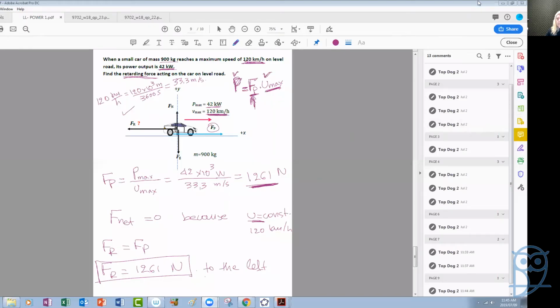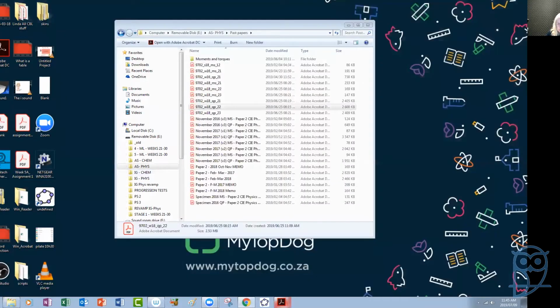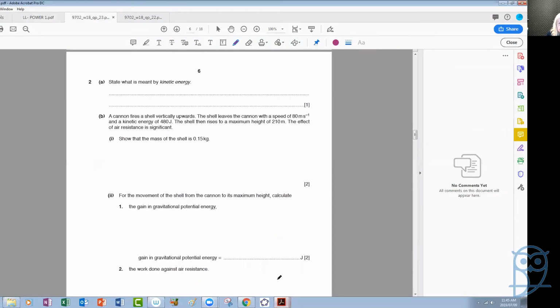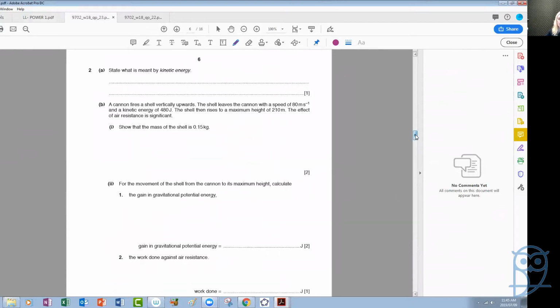All right, now let us leave this one and let's see which one. Which exam paper is this from? It's from winter 18. Yeah, all right, let's do this problem. Now, I looked at past exam papers, and it seems that always when the questions involve work, energy, and power, they are mixed with other kinematics problems.